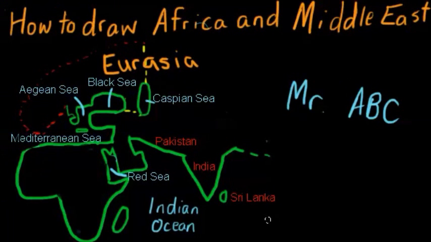But those who would argue that Europe and Asia should be considered two separate continents might point out that Europe has a very different culture than Asia does, that Europe has been called Europe for a very long time, Asia has been called Asia for a very long time, and people have an identity as being either European or being Asian, that those names are meaningful to people. It's meaningful for somebody to say, I'm Asian or I'm European, and that means something different to them.